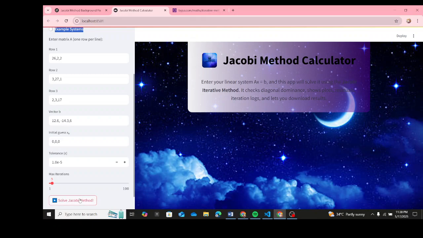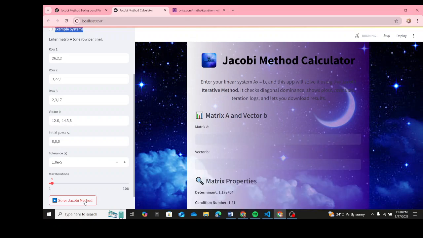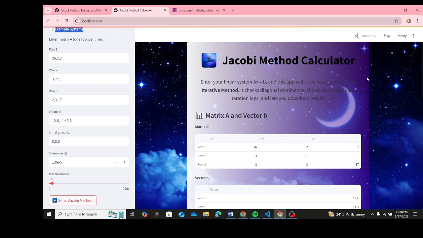So we click this tab, solve Jacobi method, so we can run this calculator. Okay.